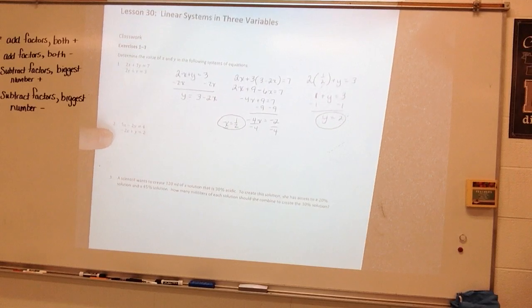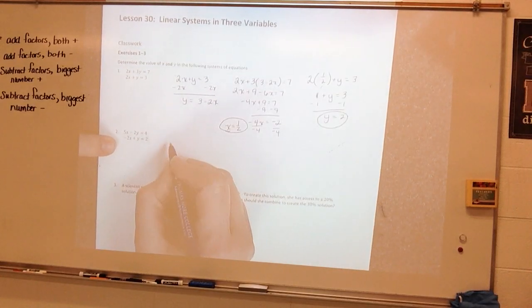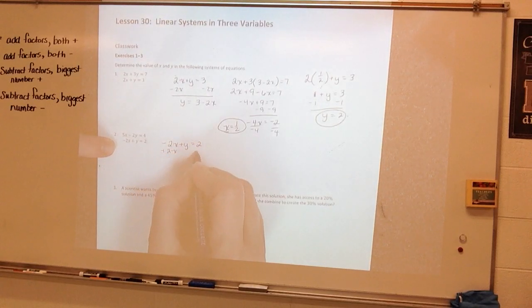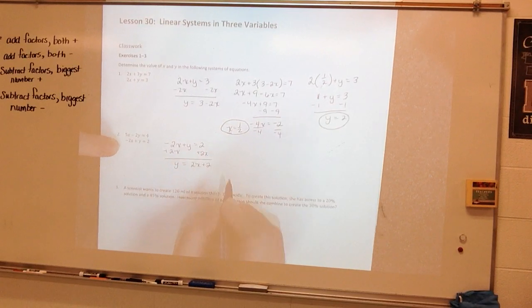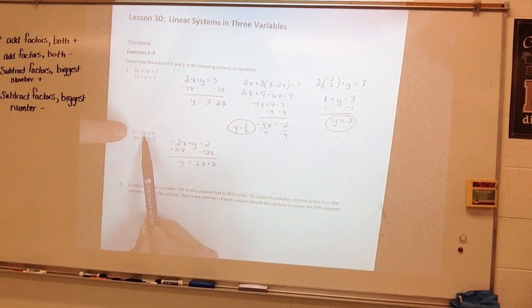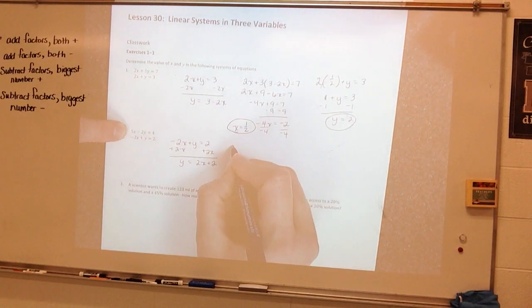Go ahead and let's look at this one. Once again, I'm going to solve for y in the second equation. So I'm going to add 2x, and I get y is equal to 2x plus 2. Alright, so since I know what y is equal to, I can now plug it back into the first equation.